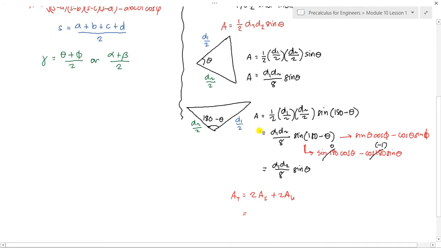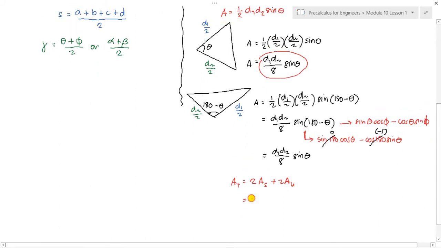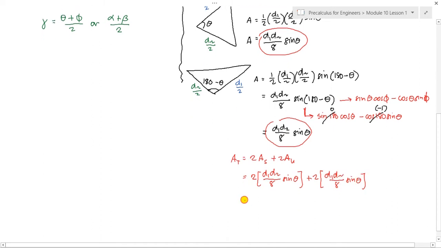So what is the area of the side? For the side triangle, that is 2 times d1 d2 over 8 sine of theta, plus 2 times the lower one, d1 d2 over 8 sine of theta.